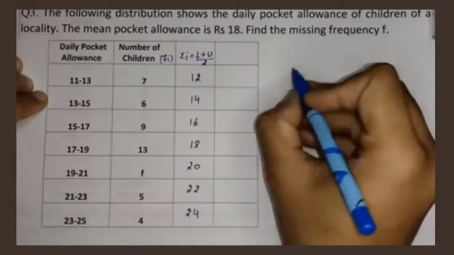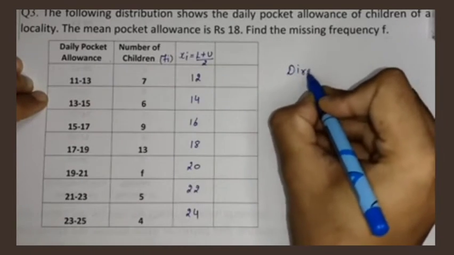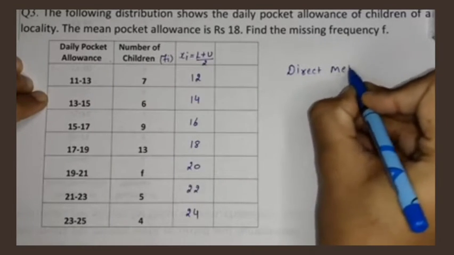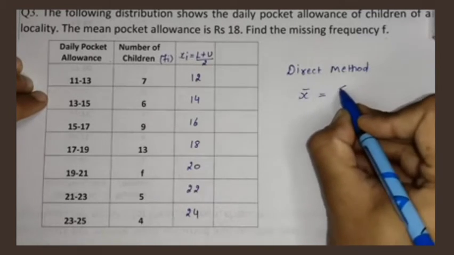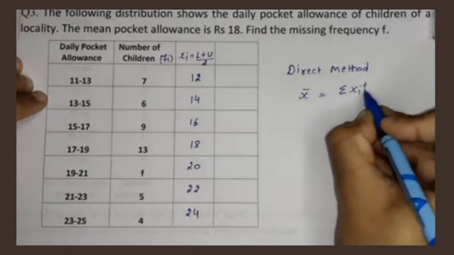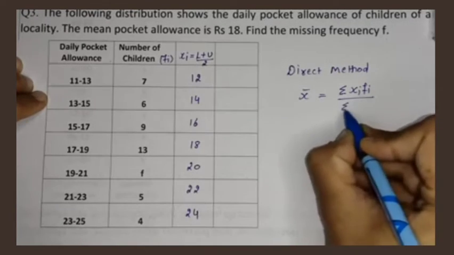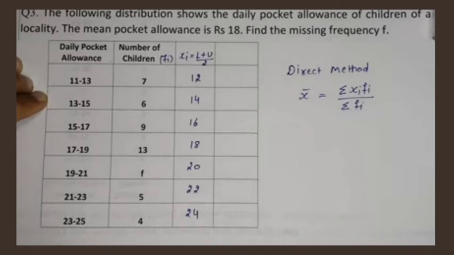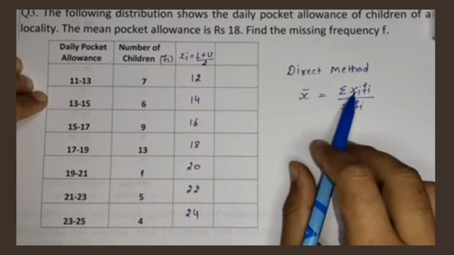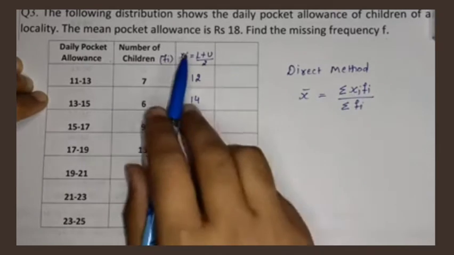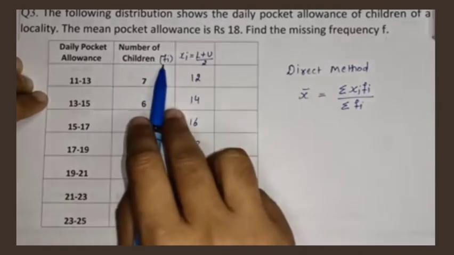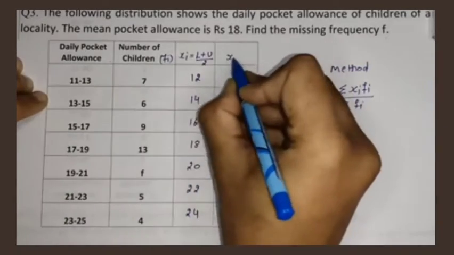Now, we use the formula for the direct method to find the mean. Formula is x bar is equal to summation fi xi upon summation fi. Now for this formula we want xi into fi, so we will find the product fi xi for each class.